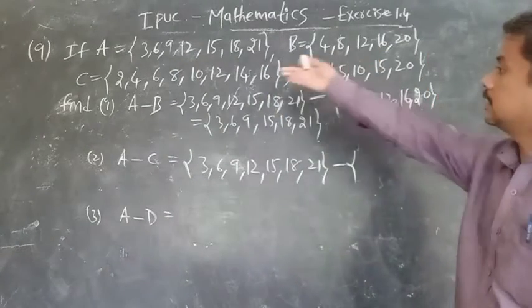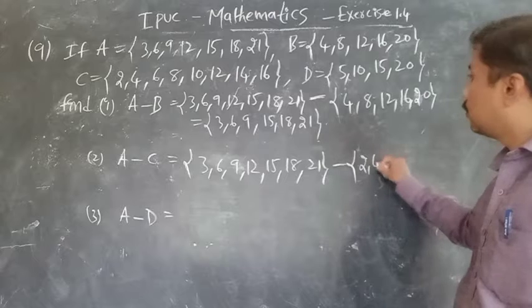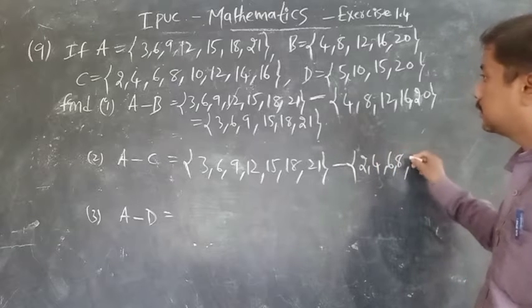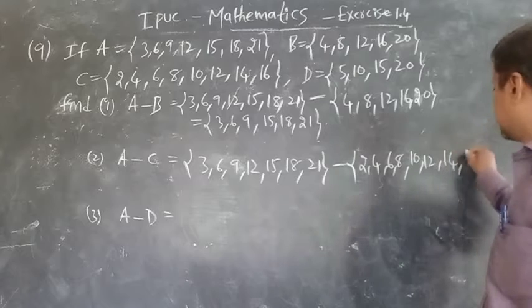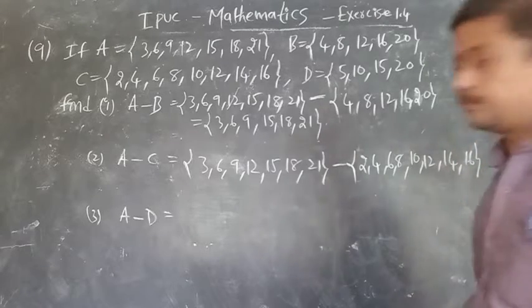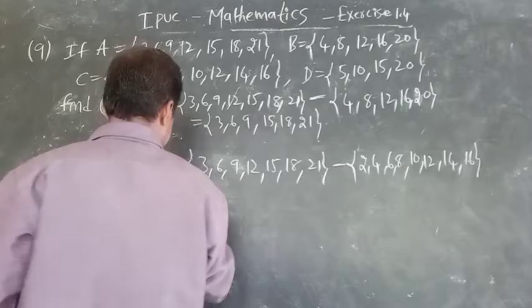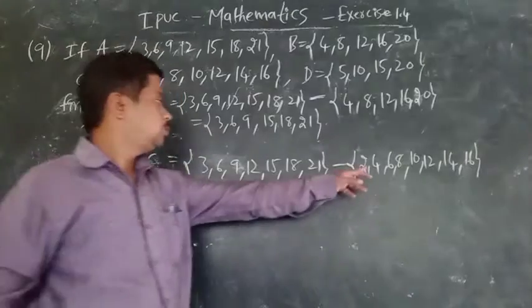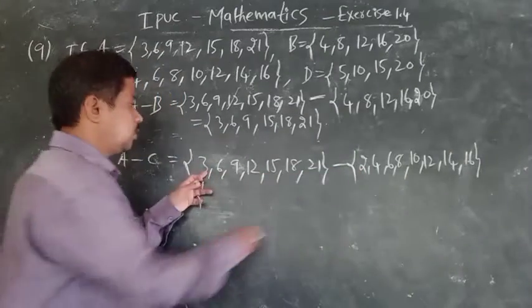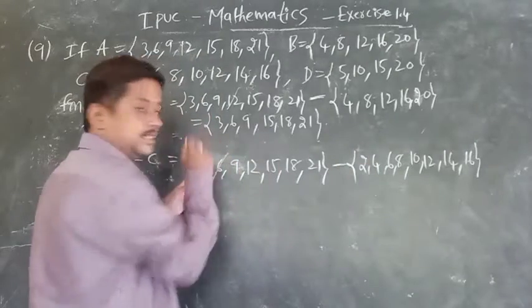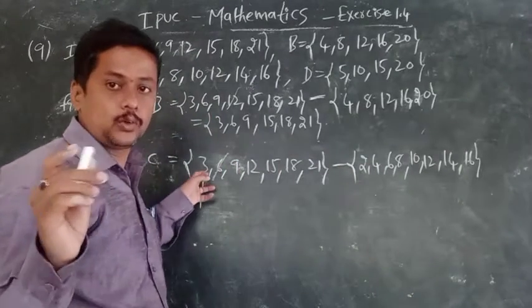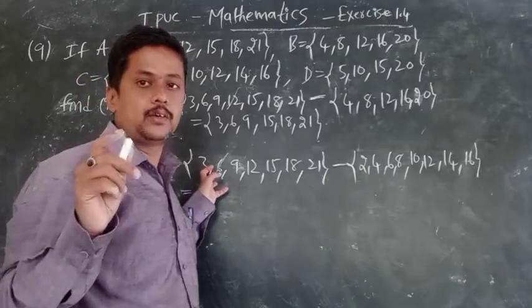See here: 2, 4, 6, 8, 10, 12, 14, 16. Okay. What is the answer? 2 not there, limit. 4 not there, limit. 6 is there, cancel. Okay, take one pencil. Don't do it with the pen.